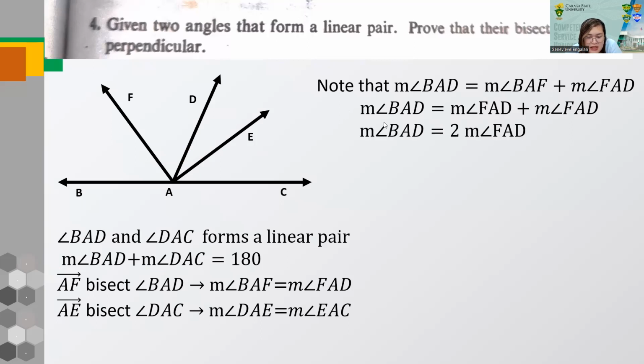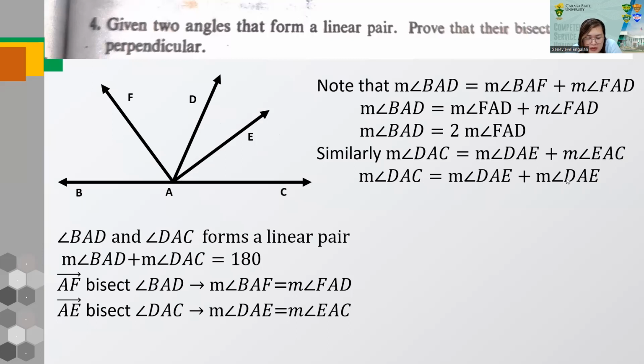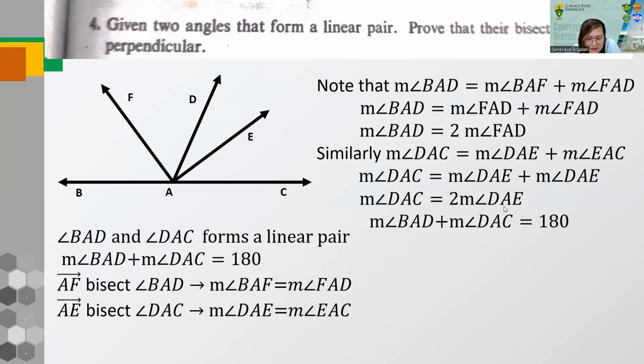So the measure of BAD is equal to 2 times the measure of FAD, as I said earlier. Similarly, DAC is equal to the measure of DAE plus the measure of EAC. Since DAE and EAC are congruent, I can replace it with DAE, so the measure of DAC is equal to 2 times the measure of DAE.